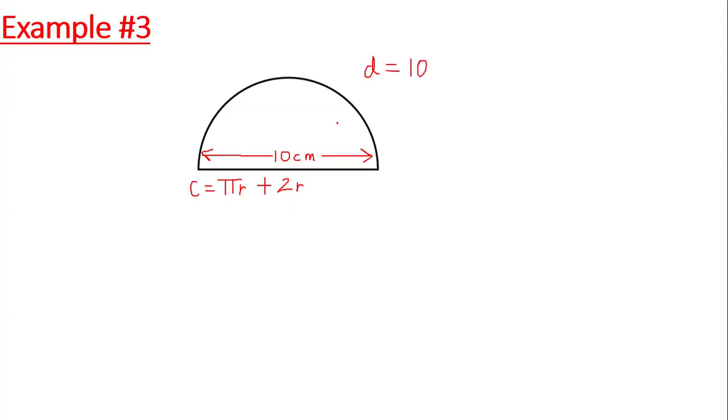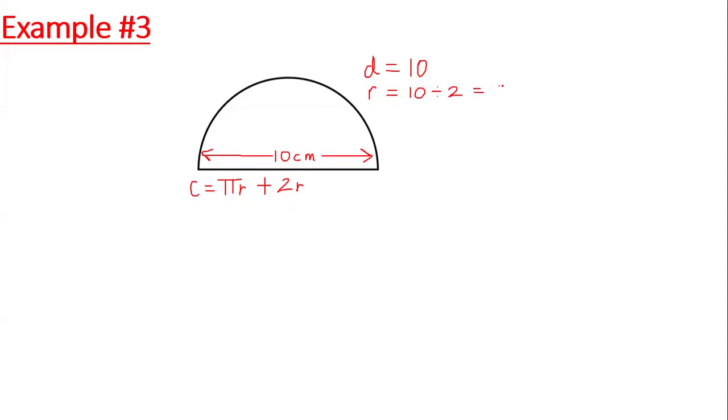The diameter is 10. What is the radius? Write this down in your books. Yes, it's the last example. Radius is 5. How we get 5? 10 divided by 2. And 10 divided by 2 is 5.